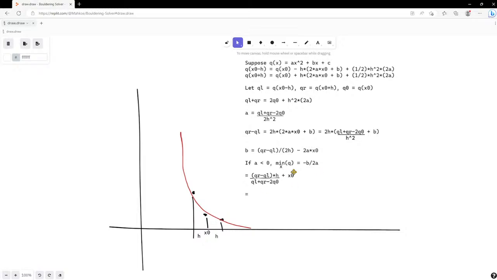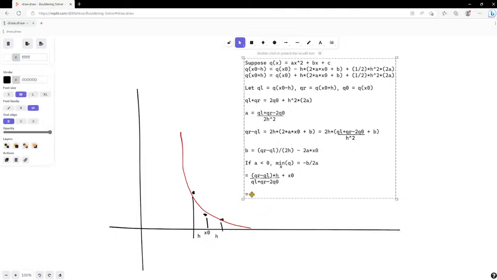So that's interesting here. To go from x naught to the supposed minimum of this quadratic that we fit, we add h times this expression. Let's just try this out here.